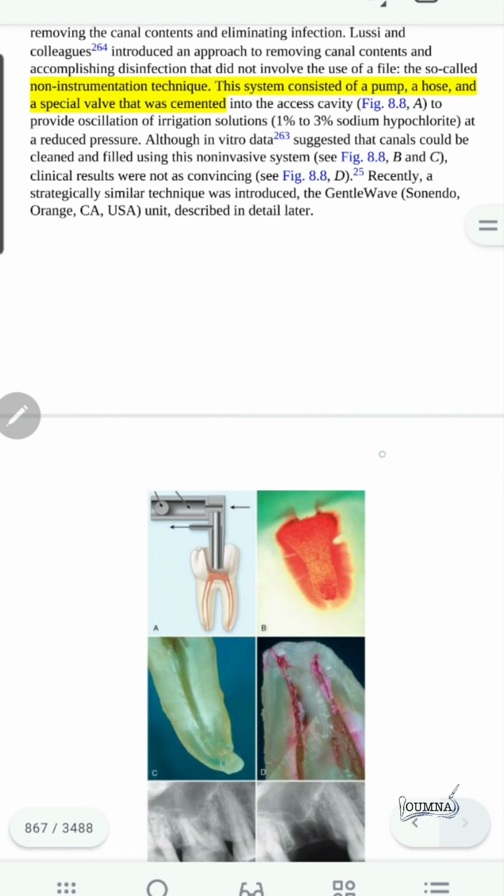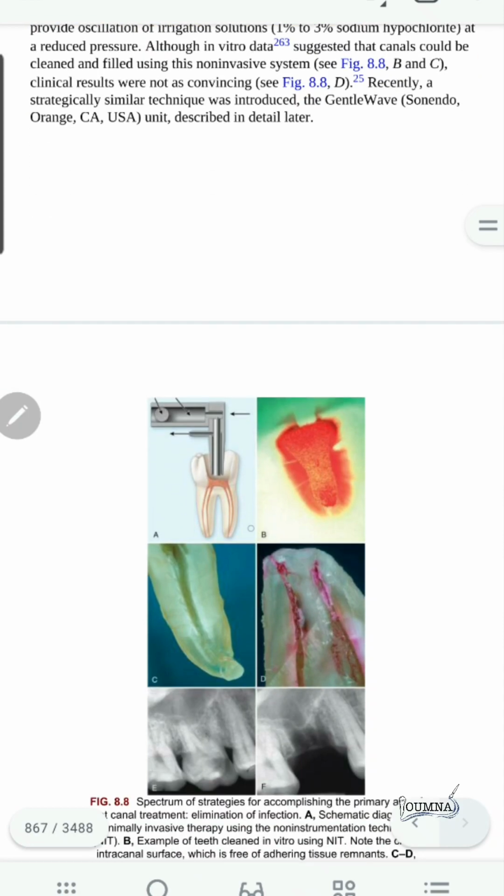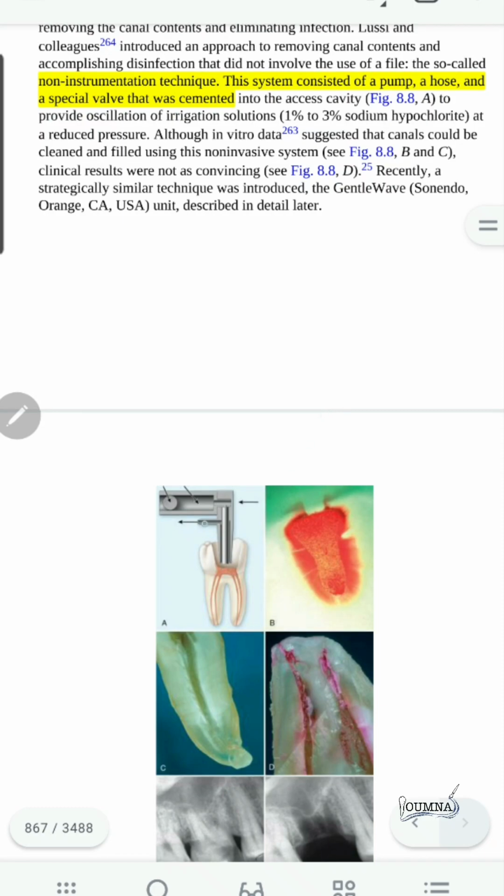There is a system called the non-instrumentation technique, which relies on the pressure that is put inside the pulp chamber, and this pressure drives the solutions inside the canals.